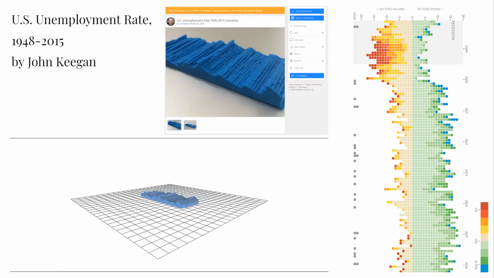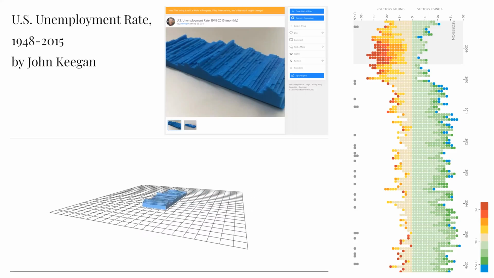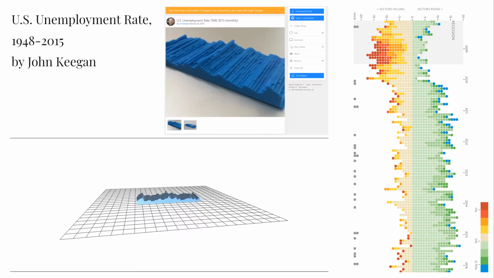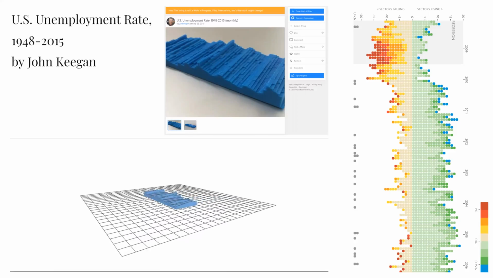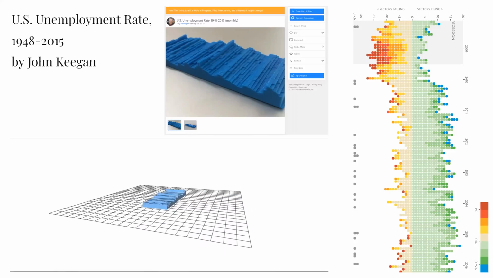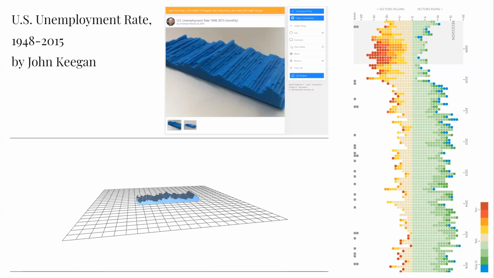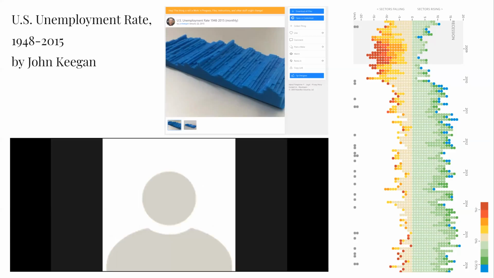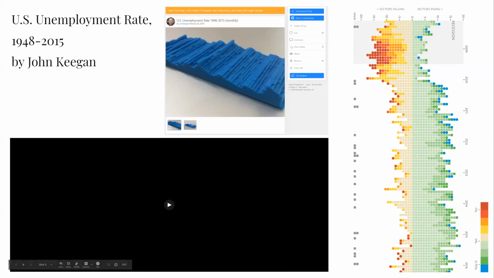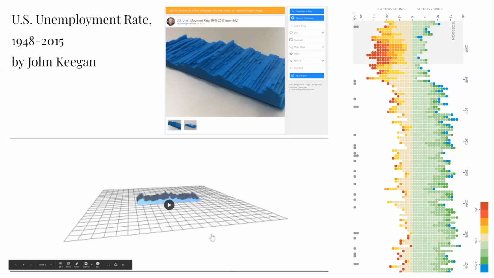So he took that data, extruded it out 60 odd more years, and modeled it as a 3D form. As a form, it's not particularly interesting, but what it does that you can't do with a graph is you can pick it up and see the different heights, the different conditions. He's uploaded this to Thingiverse, which is the way you'll all be presenting your assignment. That's just the way he's presented it, and we'll talk more about Thingiverse next week.